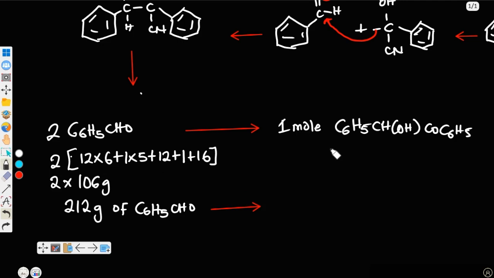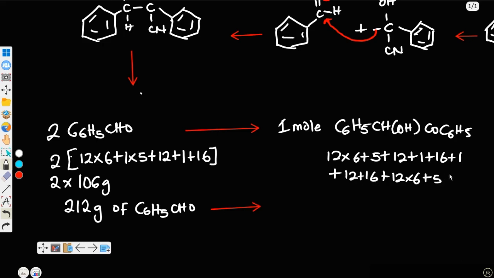Now, what is the molar mass of everything you have here? Carbon is 12 times 6. Hydrogen is 1 times 5 is 5. Plus this carbon here is 12. Plus hydrogen here is 1. Plus oxygen here is 16 plus 1. Then plus carbon is 12. Oxygen is 16, plus 12 times 6 plus 5.